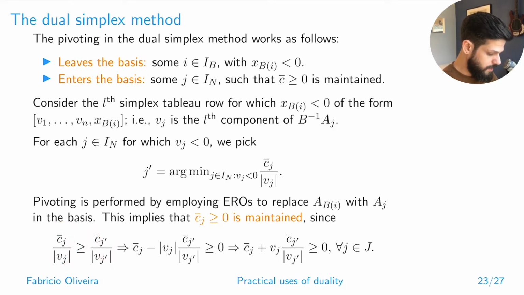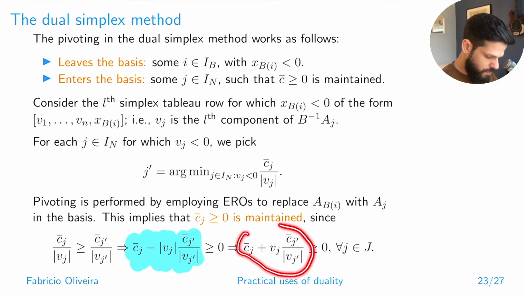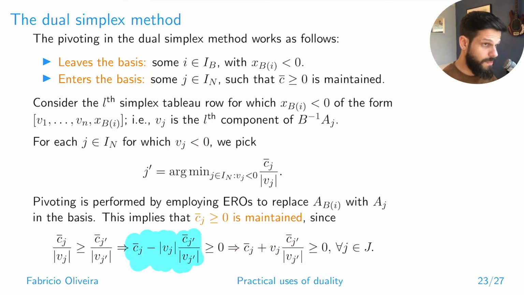This j prime is the one I'm selecting, so I know that this is true. If I multiply this on that side and move things accordingly, I get this condition, right? Which implies that when I add the actual value, because this thing is negative and I'm only picking the negatives, this is guaranteed to be true.